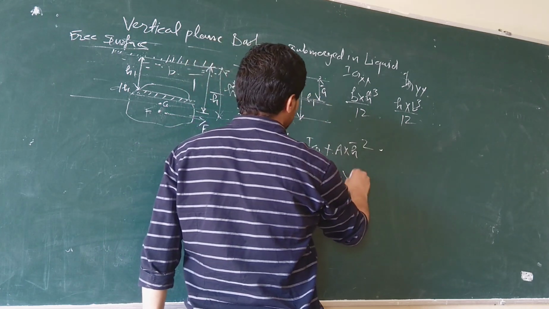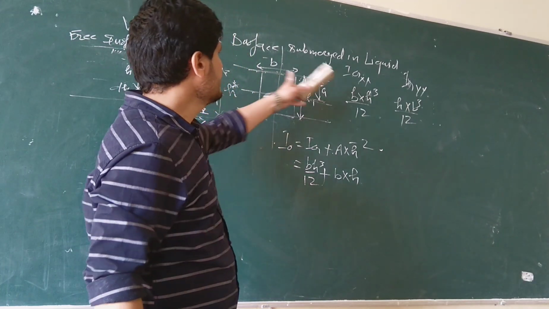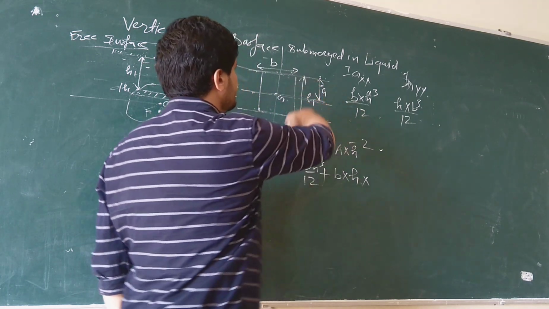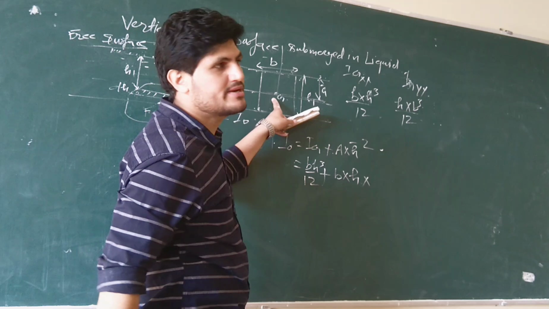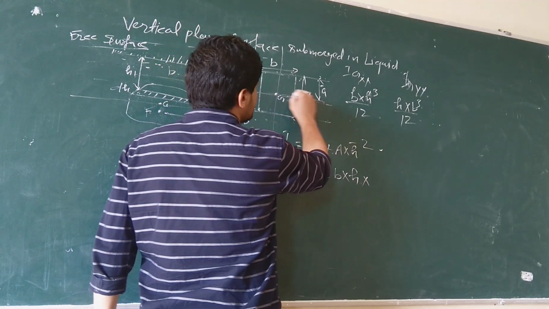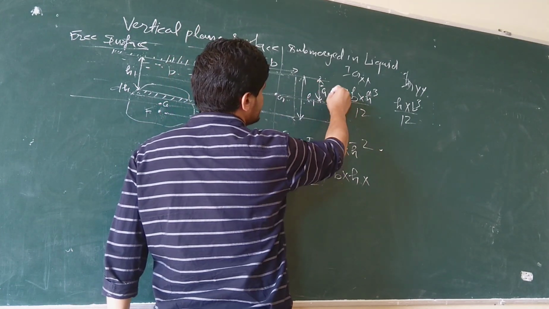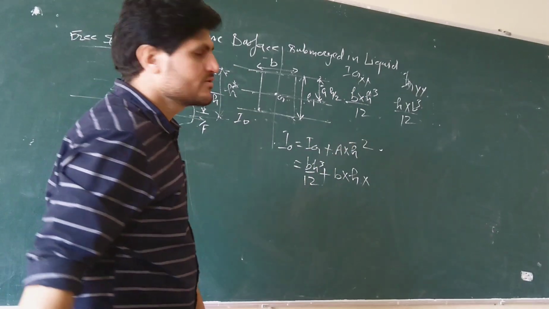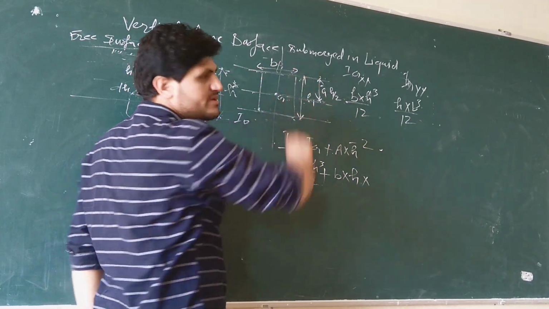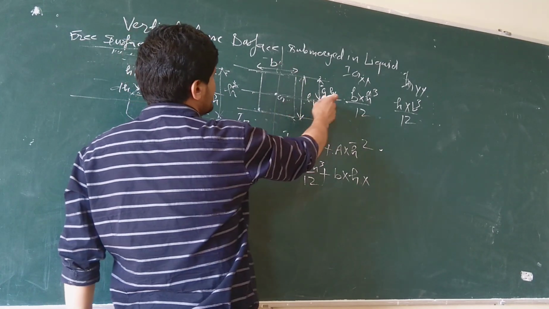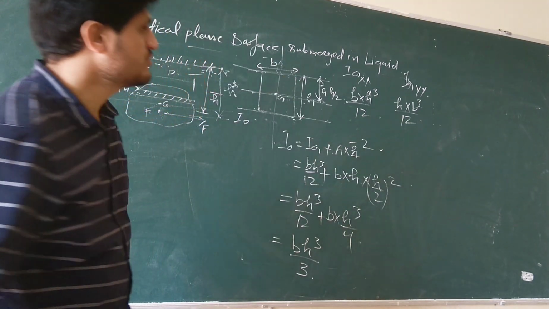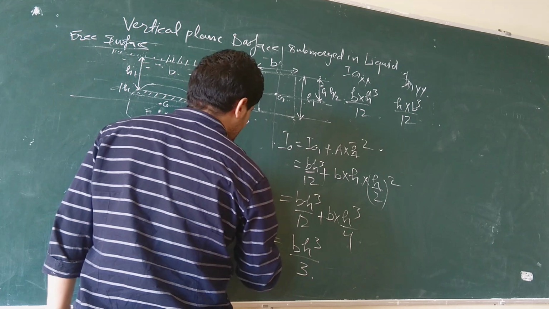The area of a rectangle is b into h. Multiply by h bar squared. What is h bar? Where does the center of gravity of a rectangle lie? When we meet its diagonals, the diagonals meet here. So it lies at a distance of h by 2, which is half the depth. If we count from the y-axis, it will be at b by 2. So h bar squared will give, and I naught will be equal to b h cube by 3. So this will be the value of your I naught.